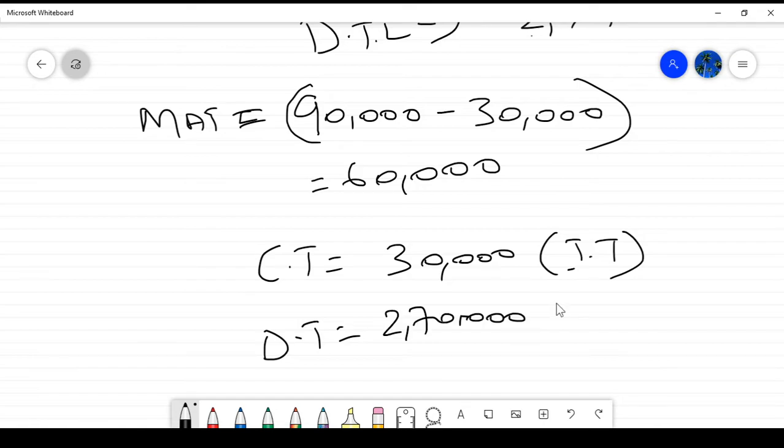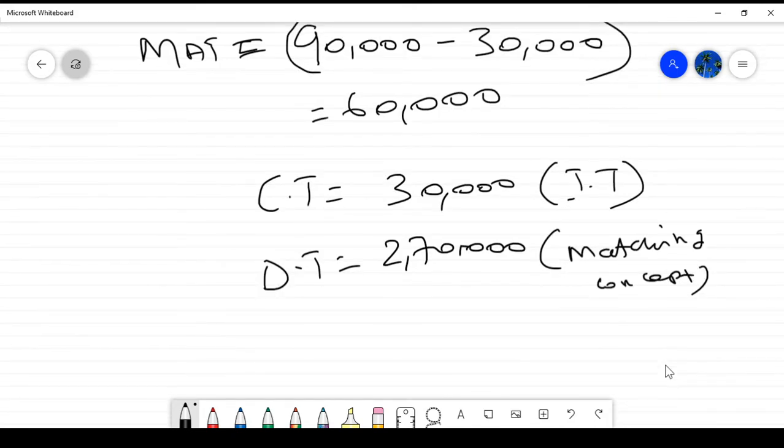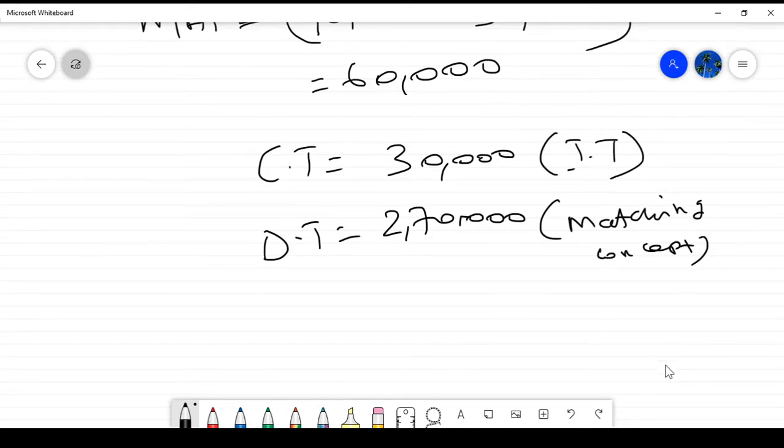Okay, for matching concept, I am arriving this figure. I am matching my profit and I am creating adequate expenses based on my profit, and I am creating adequate tax liability based on my profit.